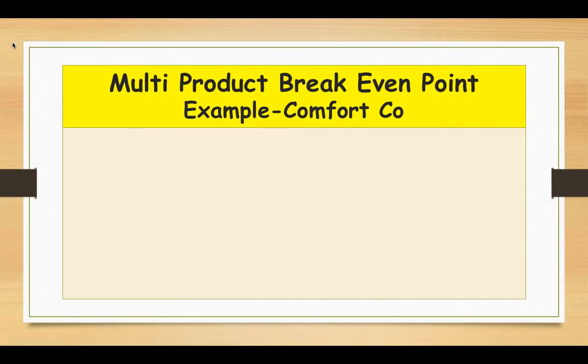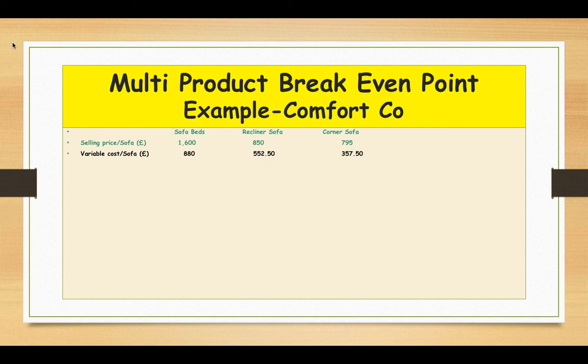So we are going to do part A of our example, the Comfort Company break-even point in units. So we'll see the summary of the question. There are 3 types of products. The selling price is given in the question, which is £1,600, £850 and £795.